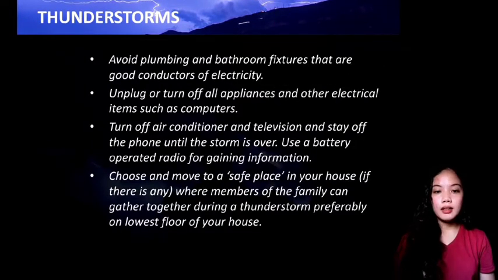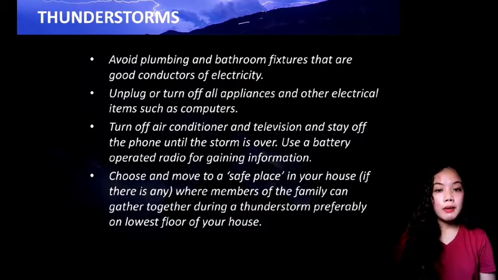Next is avoid plumbing and bathroom fixtures that are good conductors of electricity. Next, unplug or turn off all your appliances and other electrical items such as your computers. Next, turn off your air conditioner and television and stay away from your phone until the storm is over.